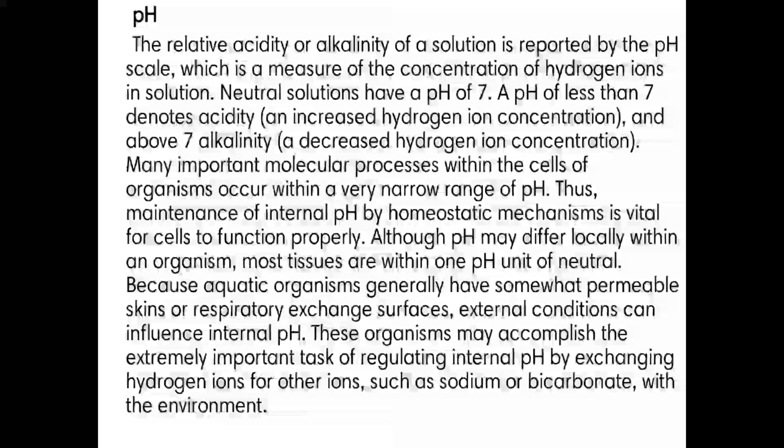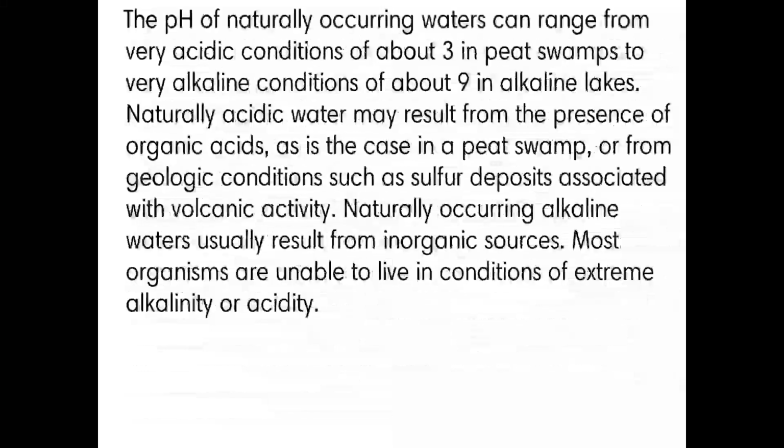Because aquatic organisms generally have somewhat permeable skin or respiratory exchange surfaces, external conditions can influence internal pH. These organisms may accomplish the extremely important task of regulating internal pH by exchanging hydrogen ion for ions such as sodium and bicarbonate with the environment.